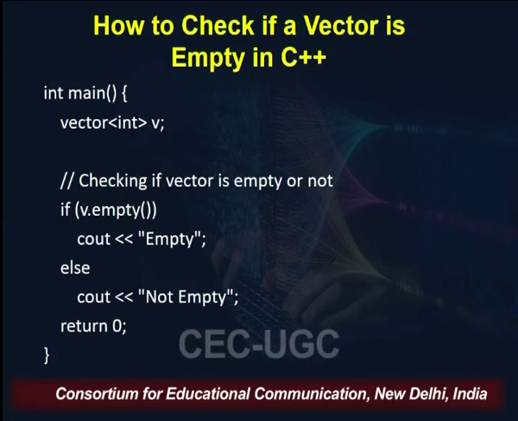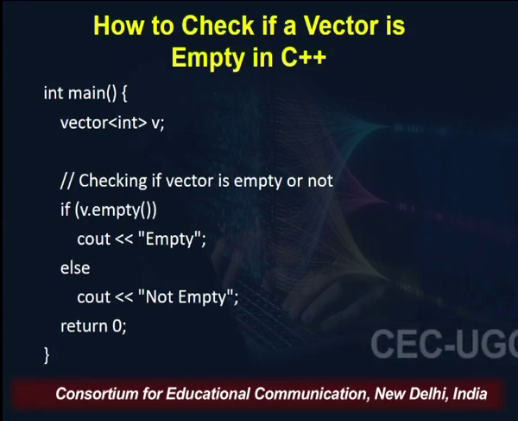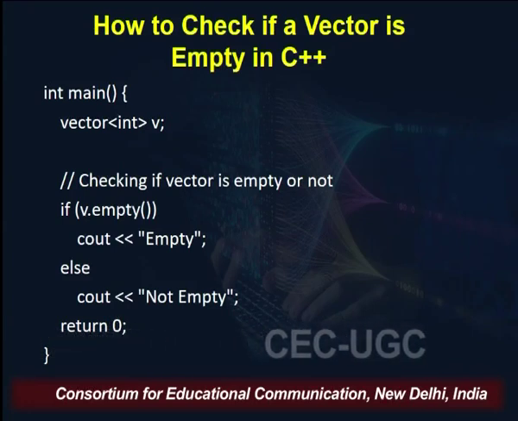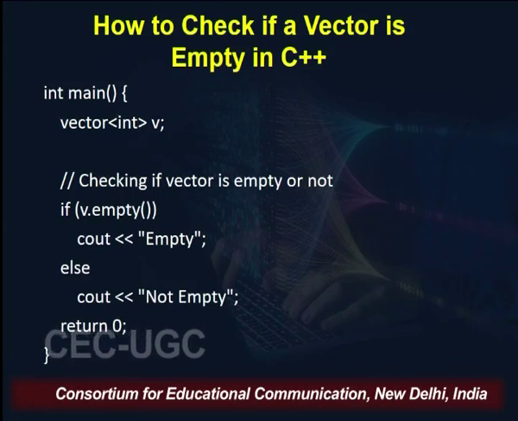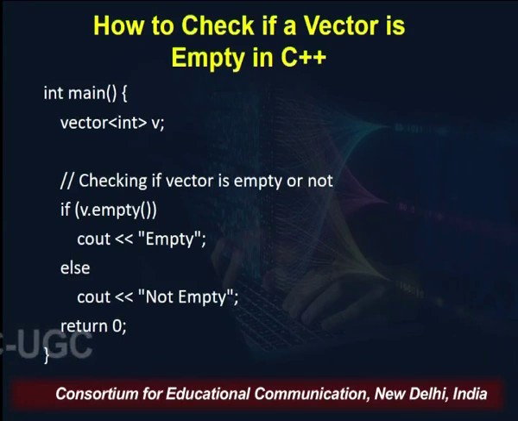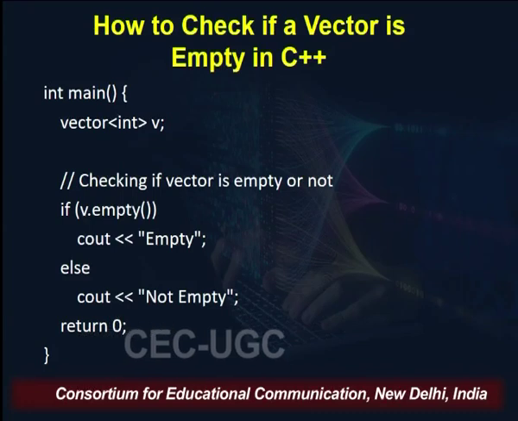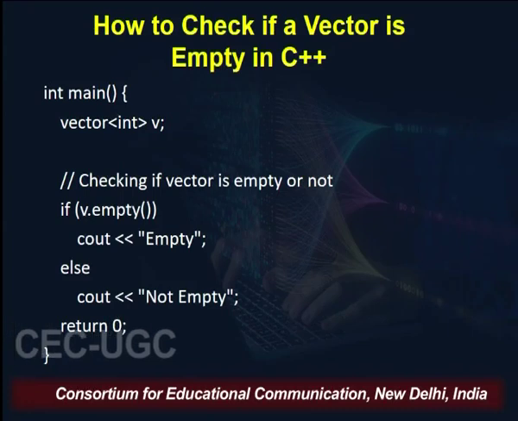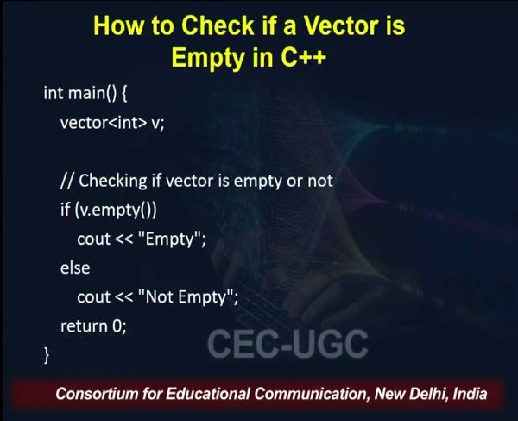If we want to check whether the vector is empty or not, initially we have just declared a vector, no initialization is being done. So, that means the vector is essentially empty, and if v dot empty returns 1, it means this v is empty. So, this will print empty, else it will print non-empty if v dot empty returns a false value, or a 0 value. In this way we can check if the vector is empty.